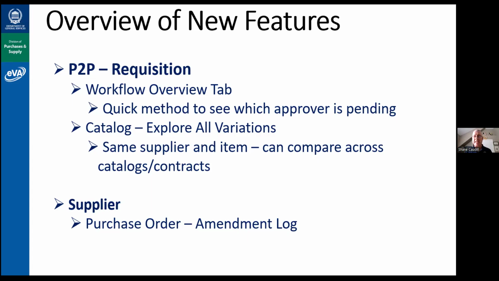Again, this may not impact all of you, but I'll show you what it looks like. And it's really same supplier, same item if it's loaded, maybe for like a different contract or a different organization. And again, a lot of you kind of have a narrow view of things. You have your agency specific contracts and your statewide contracts, and you're not really seeing this, but if that pops up, I'll let you see what that looks like.